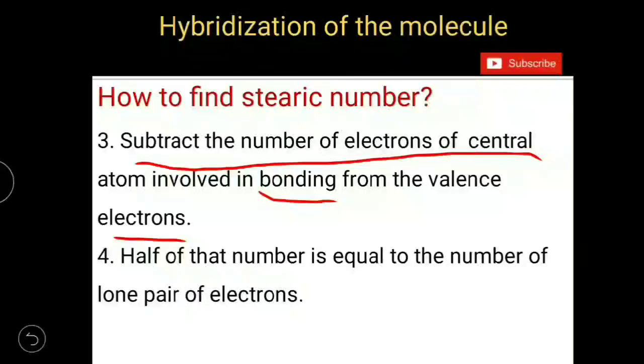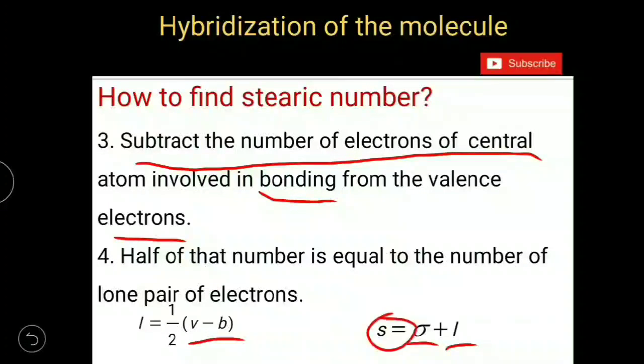Half of that number is equal to the number of lone pair of electrons. So, lone pair of electrons is equal to half of V minus B, where V is valency electrons in central atom and B is number of electrons involved in bond formation. After getting number of lone pairs, if you add this number of lone pair of electrons to sigma bonds, then it will be equal to steric number.